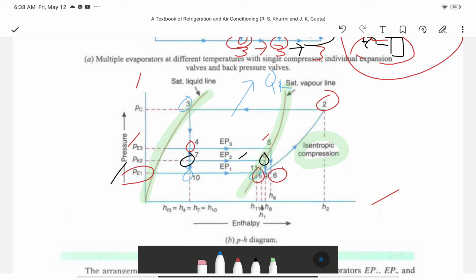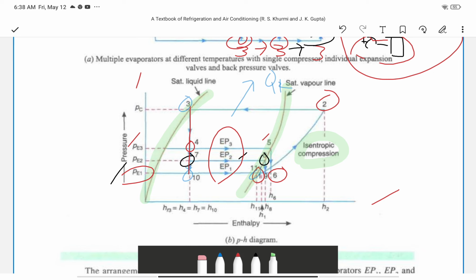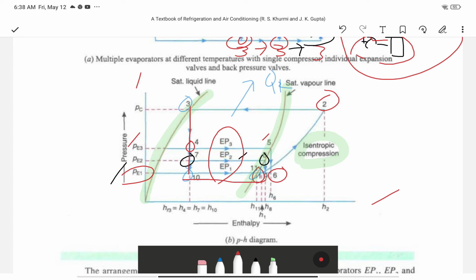As you can see, all the evaporators start from the same line going down, but the smallest capacity evaporator is this one, this line here, from 10 to 11.